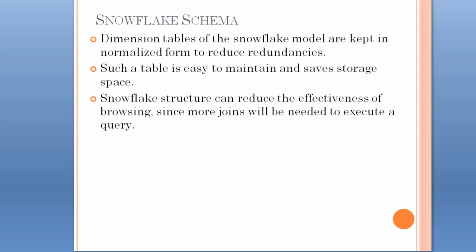Furthermore, the snowflake structure can reduce the effectiveness of browsing since more joins will be needed to execute a query. Consequently, the system performance may be adversely impacted. Hence, although the snowflake schema reduces redundancy, it is not as popular as the star schema in data warehouse design.